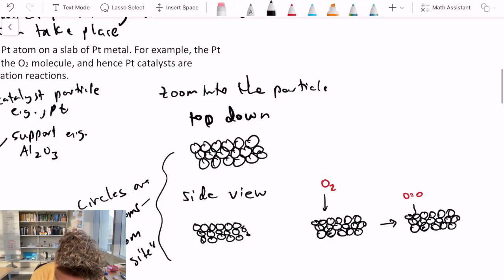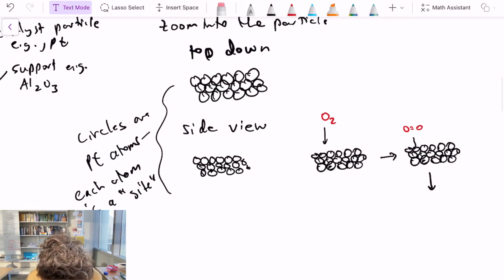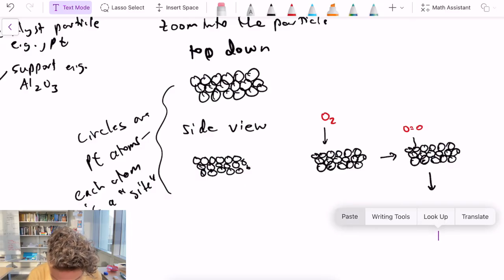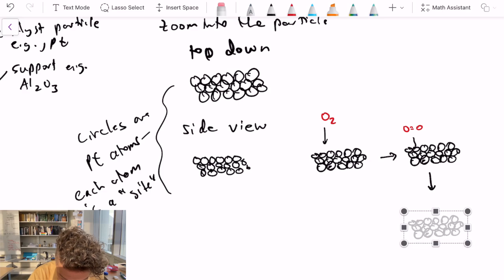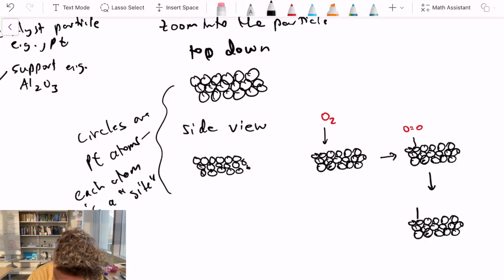And then the catalyst surface will very easily dissociate this molecule into two oxygen atoms.